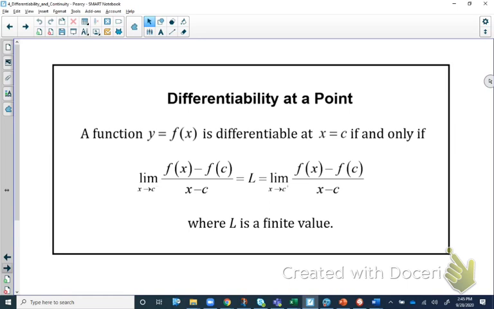This is what we're looking at for the definition of how you can show that something is going to be differentiable. A function f of x is differentiable at some value c if and only if, there's our biconditional statement from geometry, the limit as x approaches c from the left side and the limit as x approaches c from the right side are equal to the same value, a finite value.